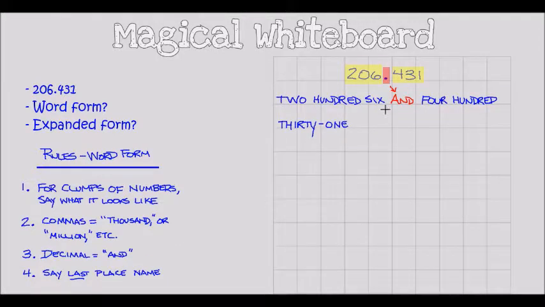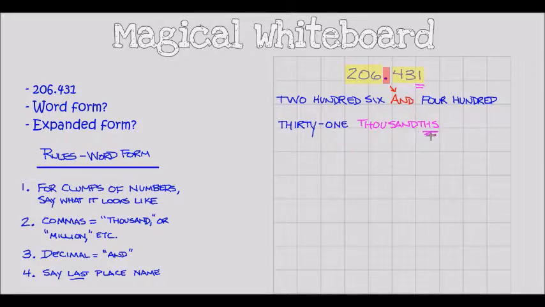Finally, because it's a decimal number, in other words, it has some decimal place values, I use rule 4, which says say the last place name. This 1 is in the thousandths place, so I just say the word thousandths. When I'm all done, this number is officially called 206 and 431 thousandths.